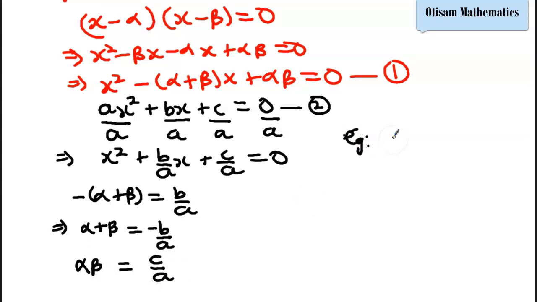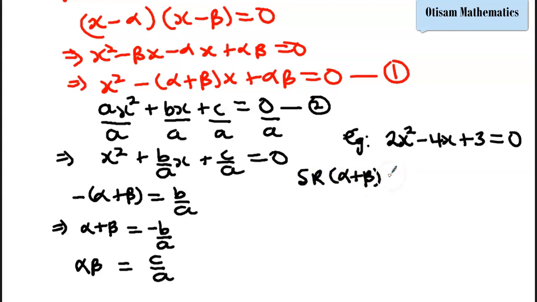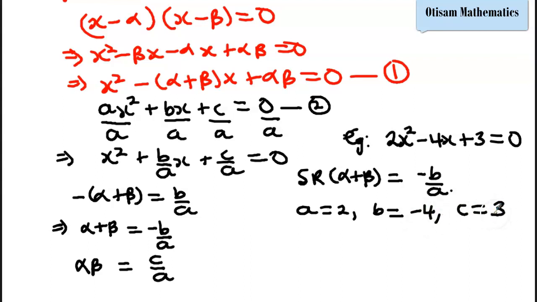Example: for quadratic equation 2x squared minus 4x plus 3 is equal to 0. Sum of roots, that is alpha plus beta, will be minus b on a. So before that, our a is equal to 2, our b, comparing this one with the standard equation, is minus 4, and c is equal to 3.